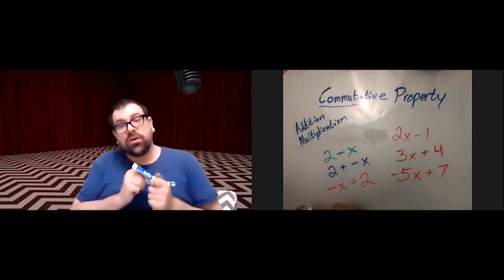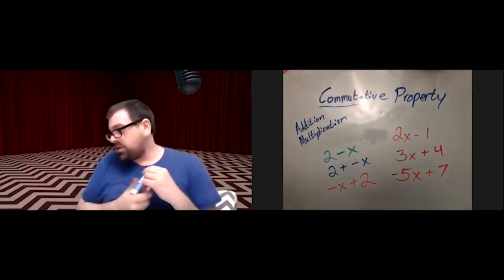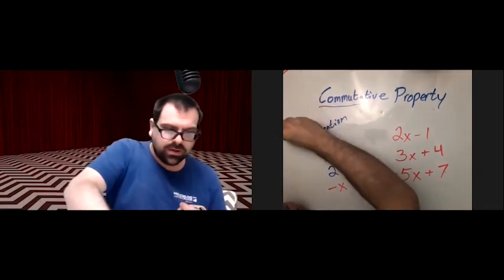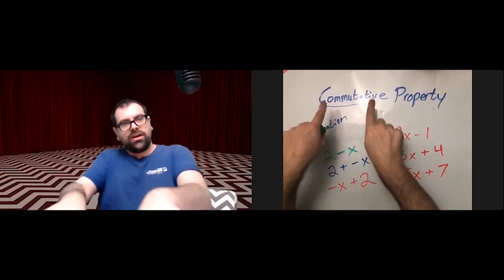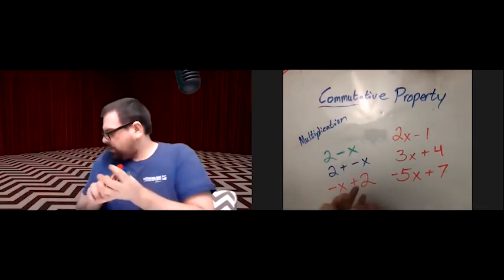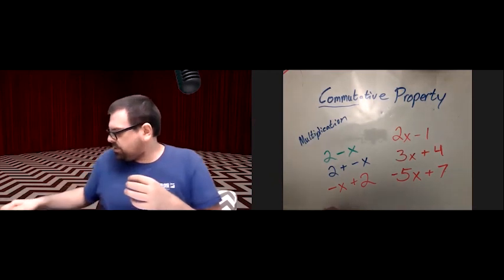Let's take a look at the commutative property of multiplication. It's exactly the same as the addition one. We are going to commute the terms.